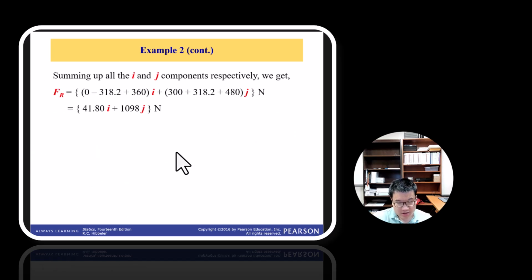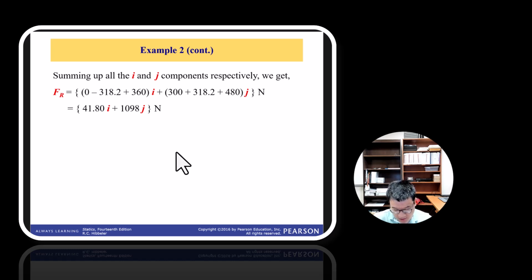Let's calculate the resultant, FR. It will be the addition of the vectors in the i direction, the x-axis, and the addition of the vectors in the j direction, the y-axis, respectively.